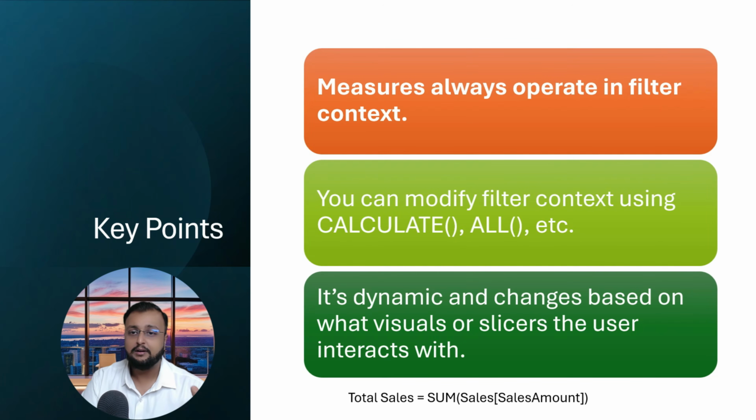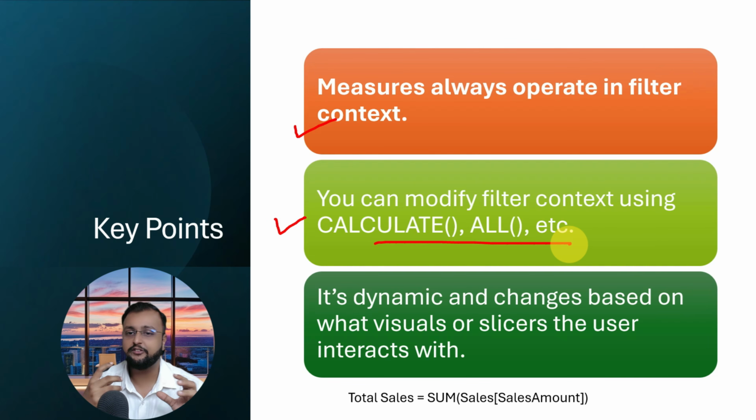Now measures always operate in the filter context, and you can modify the filter context using CALCULATE, ALL, this kind of function. Sometimes you have a requirement where you created some sort of measure, but you don't want to apply any kind of filtering effect on top of it, or any filters impacting your report should not impact your measure.